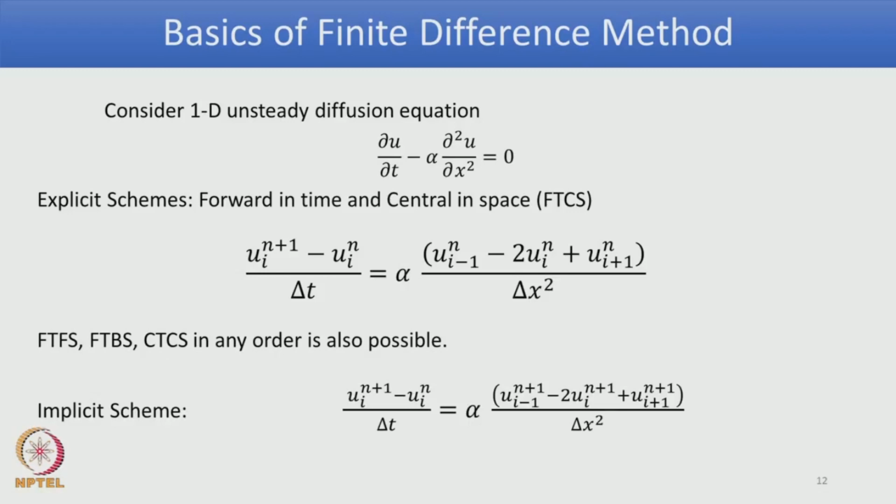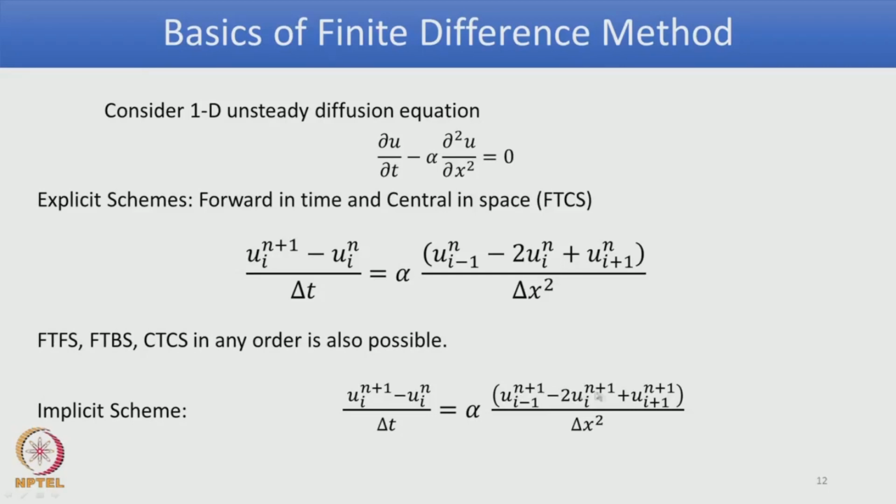Now, we will see for the same formulation how to write the implicit form. You can understand this is still forward in time on the left hand side, because of n plus 1 and n, whereas on the right hand side it is central in space: i minus 1, i and i plus 1, where i is the point of interest. But if you look at the superscripts, all of them are at the n plus 1 level.